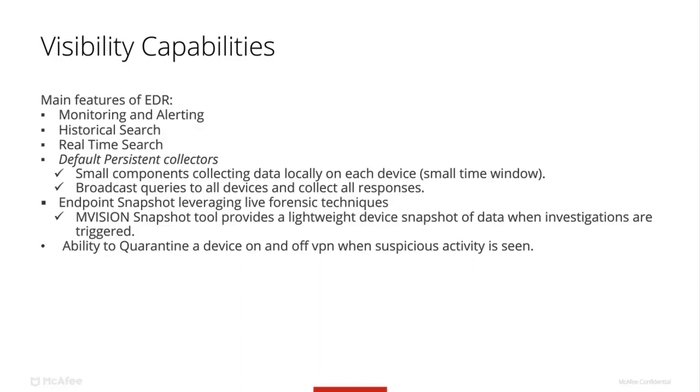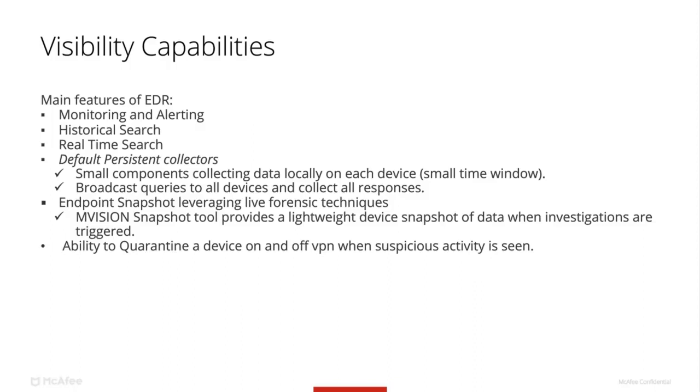The data that's collected at the time of the investigation is what we call a snapshot, and it's an overall picture of the machine at the time that the incident triggered or the investigation was created. And then we give you the ability in the UI to quarantine that device, even if it's on a VPN, when you see suspicious activity.